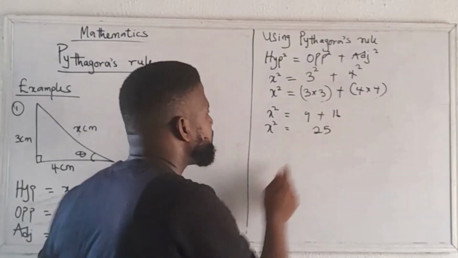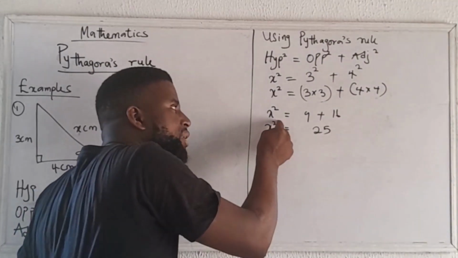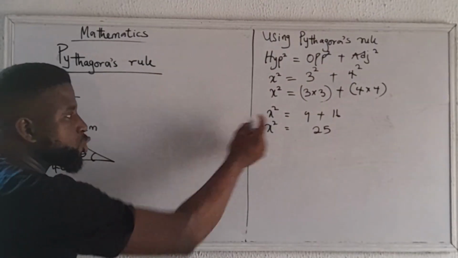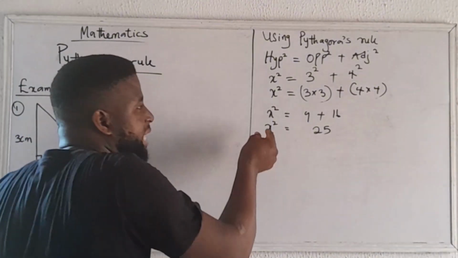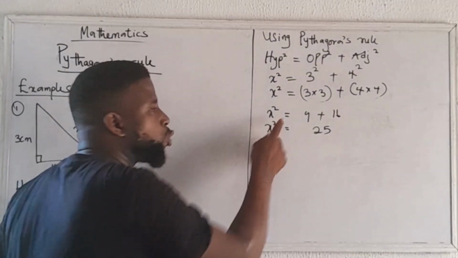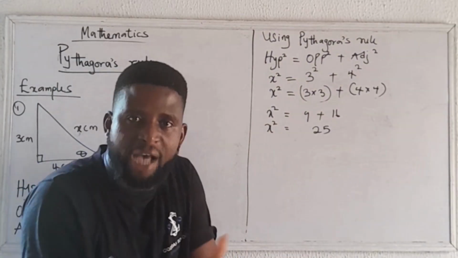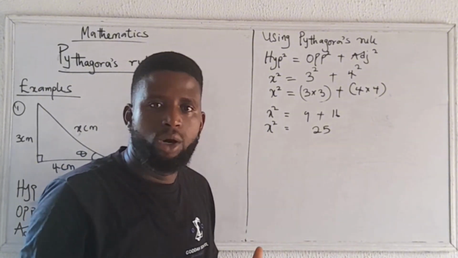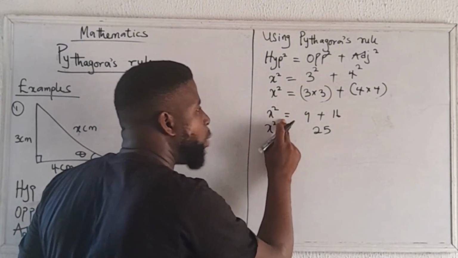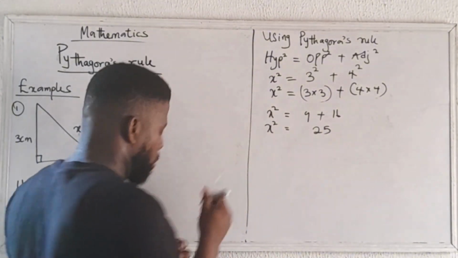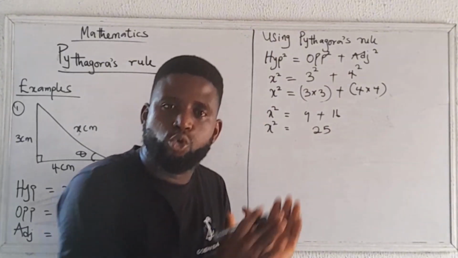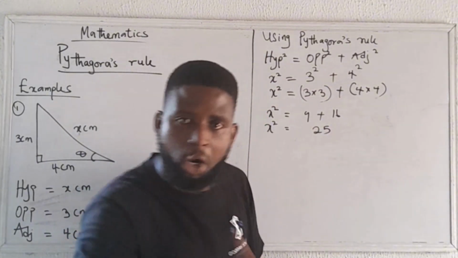Now, at this point, to find x, we have to eliminate this square, because what we are looking for is x, not x squared. To eliminate square, we have to find the inverse of square, which is square root. So we take the square root of x squared, and according to the rule of equation, whatever happens to one side must happen to the other side.